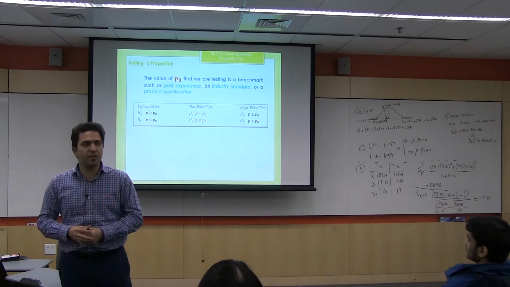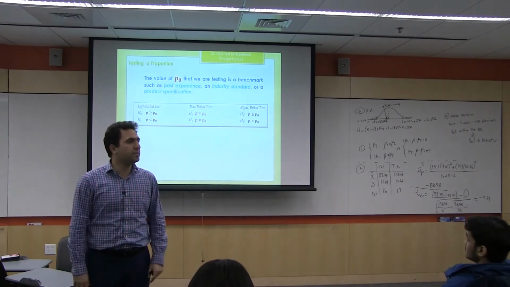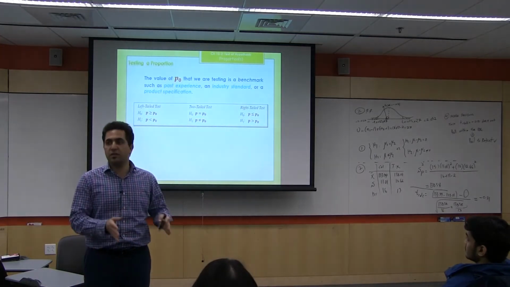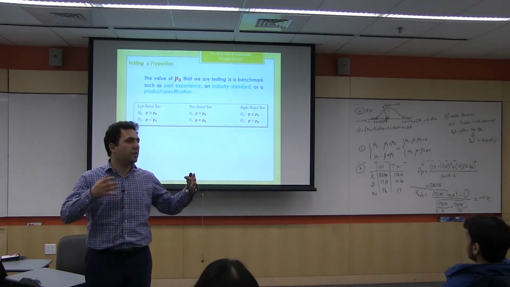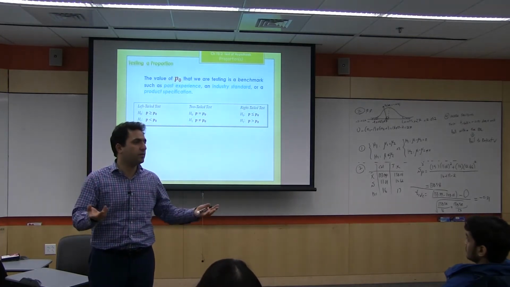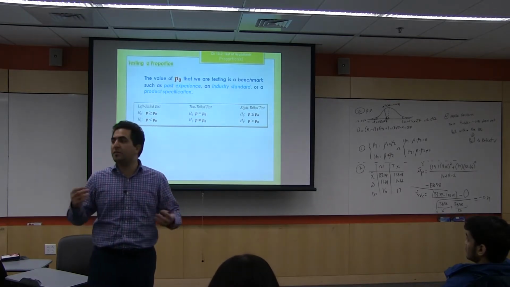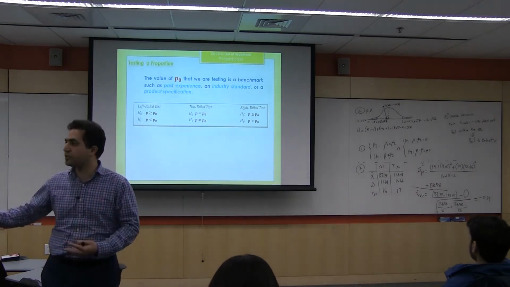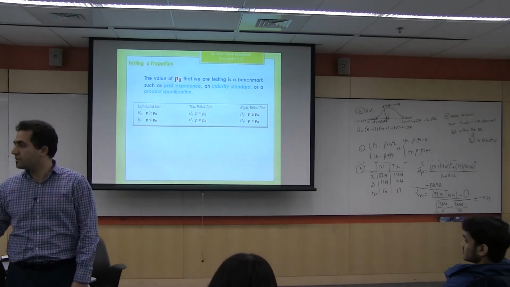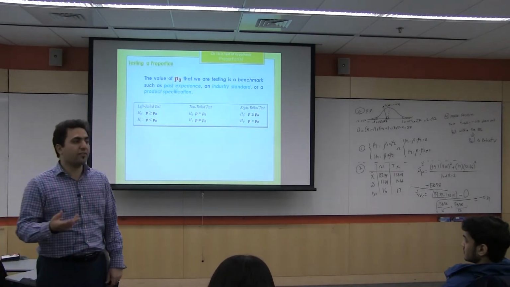Some other times it comes from the customer specification. They say, okay, we need this quality, we need this percentage of good items from your production. So these are basically dictated by some other sources or guidelines or standards. And that's the reason you can run the test.